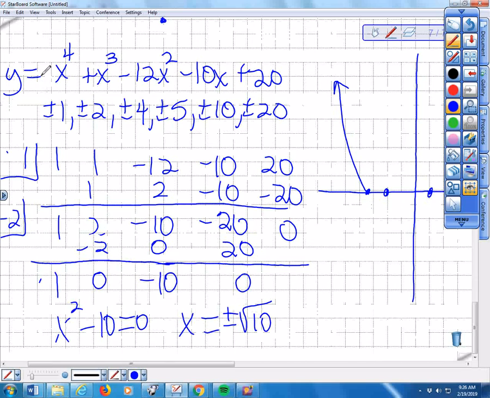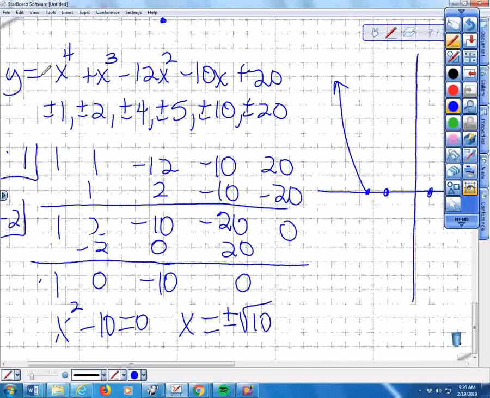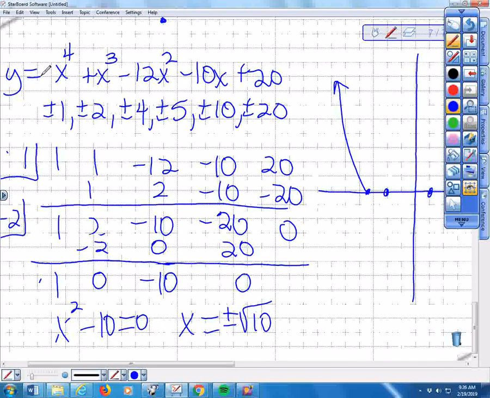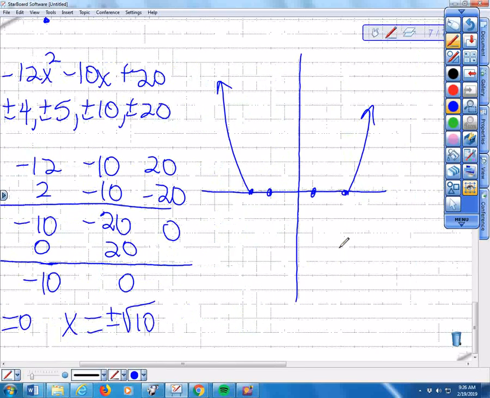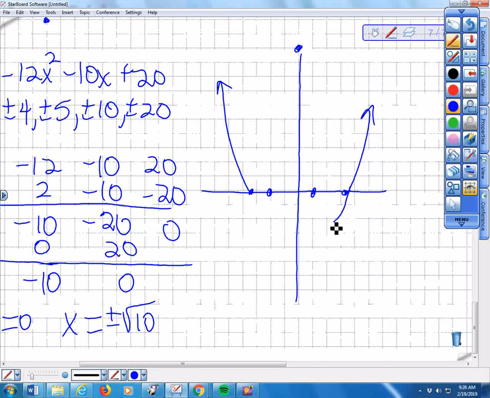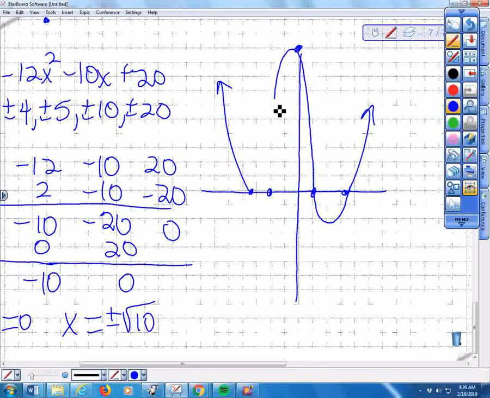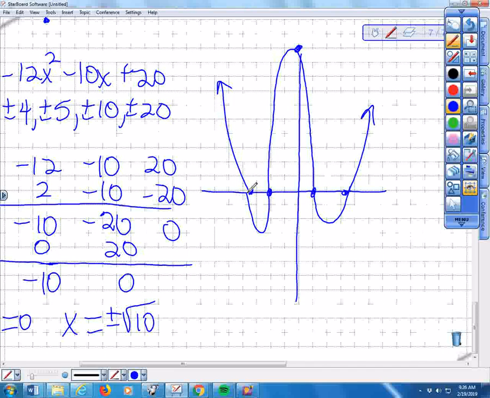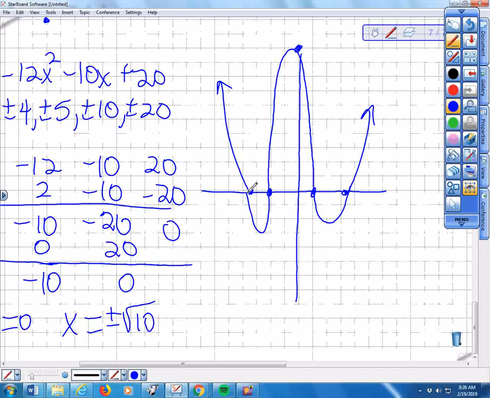Okay, what's the y-intercept? 20. So I'm going to go up by 2s. 1, 2, 3, 4, 5, 6, 7, 8, 9, 10. Okay? I don't really know what's going to happen between here, how far it's going to go. But it's going to have something like that as its general shape. Okay? Because I know the end behavior and I know my zeros.